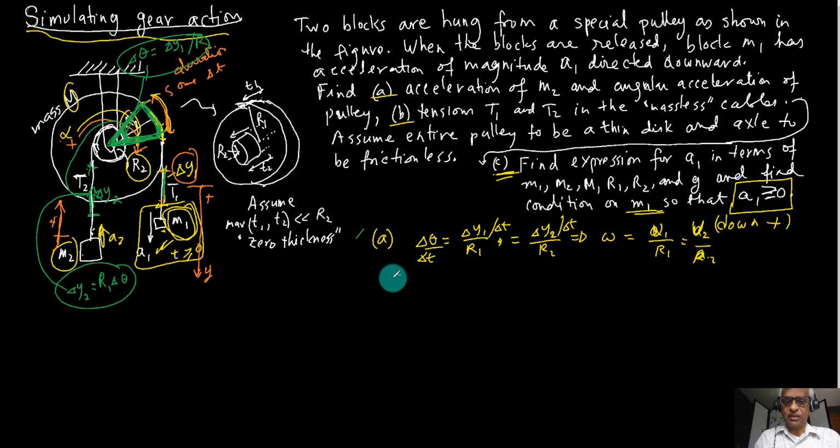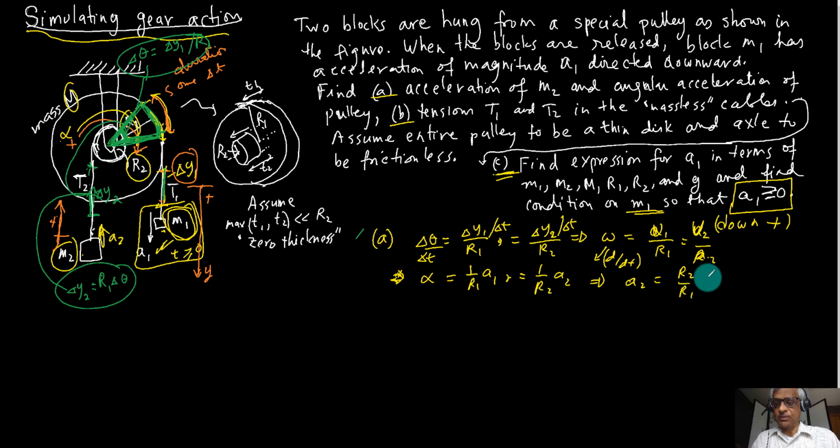And this would mean, for alpha, angular acceleration, take a d/dt of this, it will give me 1 over r1 a1 equals 1 over r2 a2, and you can see that a2 is equal to r2 over r1 a1, and alpha equals 1 over r1 a1.